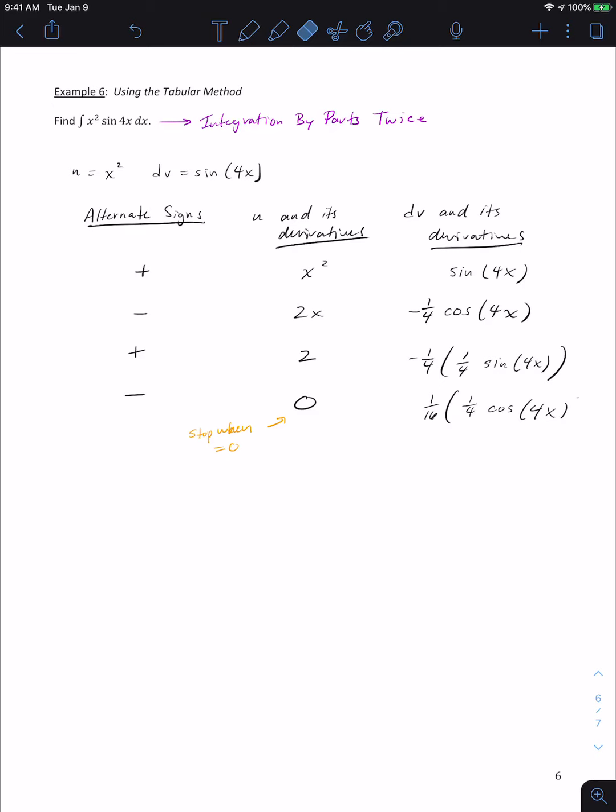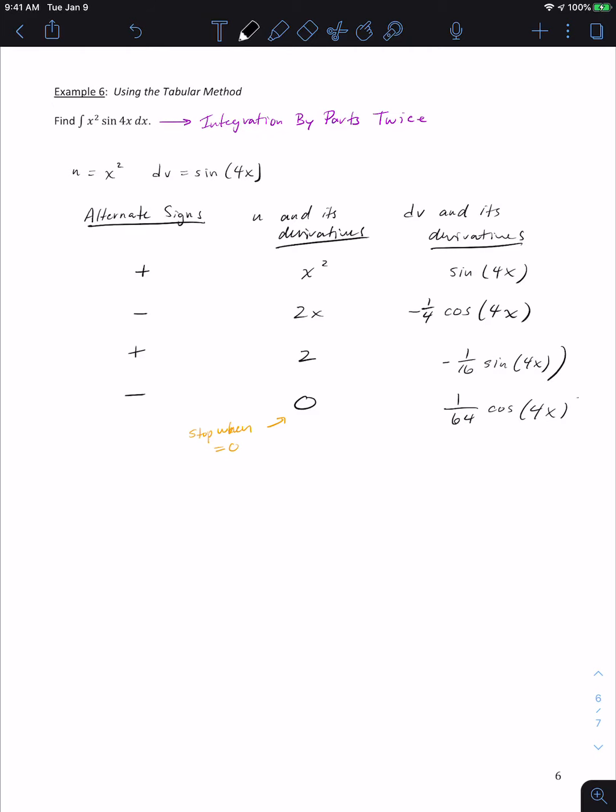And then 16 times 4, that is 32. Or I'm sorry, 64. Right? And this one was 16. We can go ahead and multiply that. So this is negative 1/16, sorry. Right?